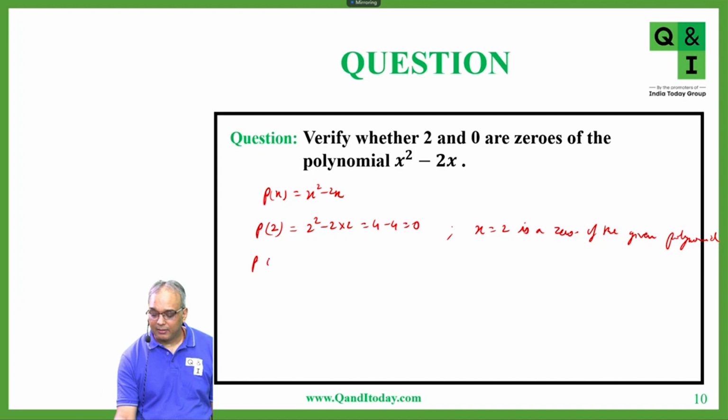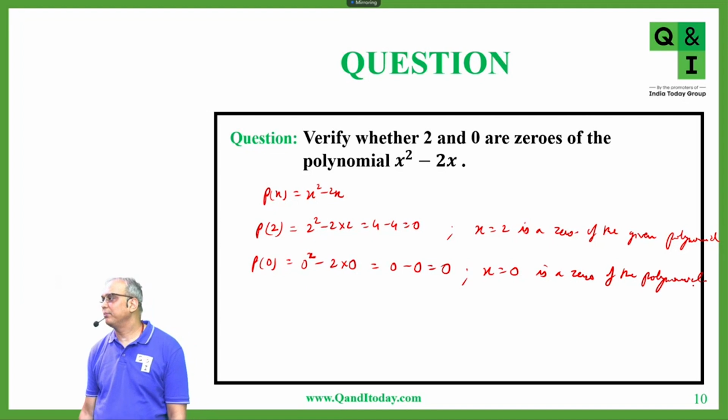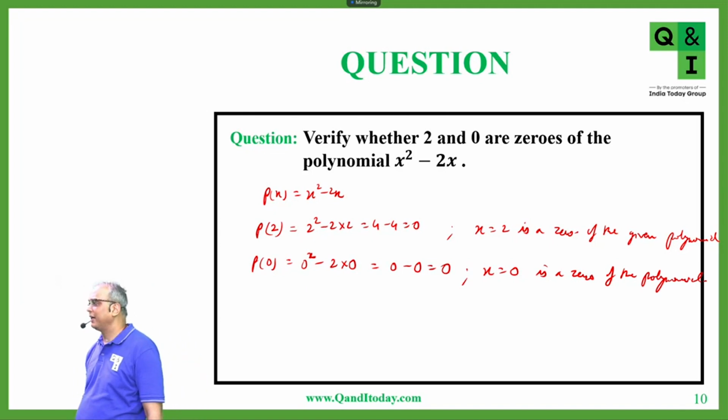Similarly, p of 0 is 0 square minus 2 into 0, 0 minus 0, which is 0. So x is equal to 0 is also a 0 of the polynomial. Correct? Both 2 and 0 are zeros of the polynomial. Correct, Arush and Rudra, both of you are correct.